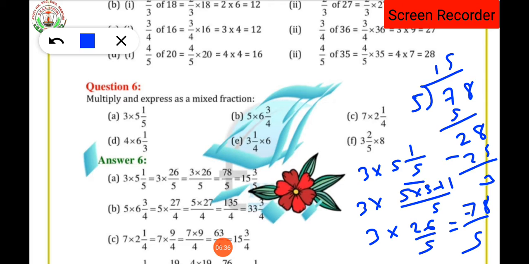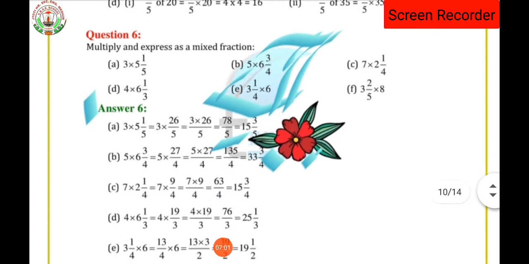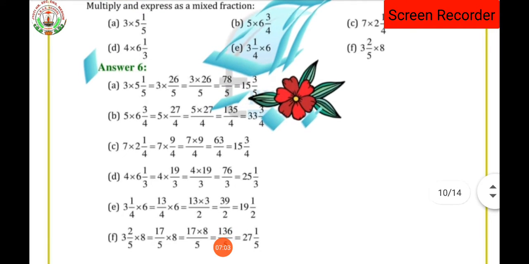So that will be changed as 15 3 by 5, as 5 is the divisor, 15 is the quotient, and 3 is the remainder. So 15 3 by 5 will be there. So like this way you have to solve it.